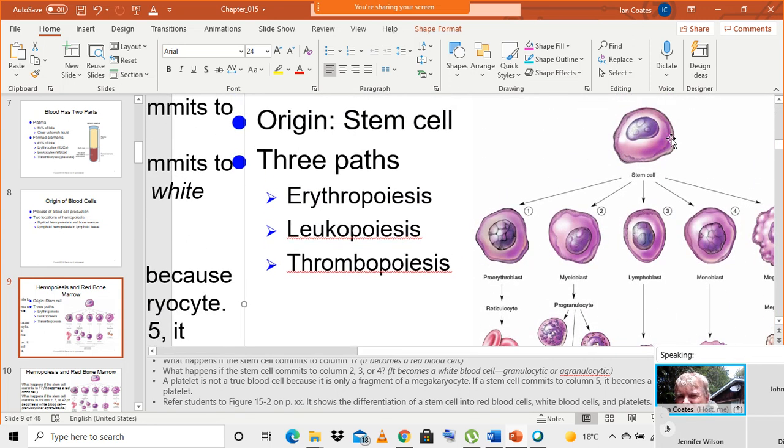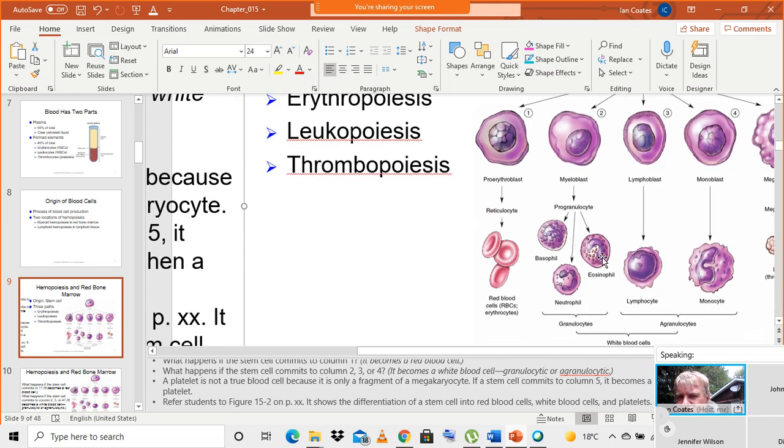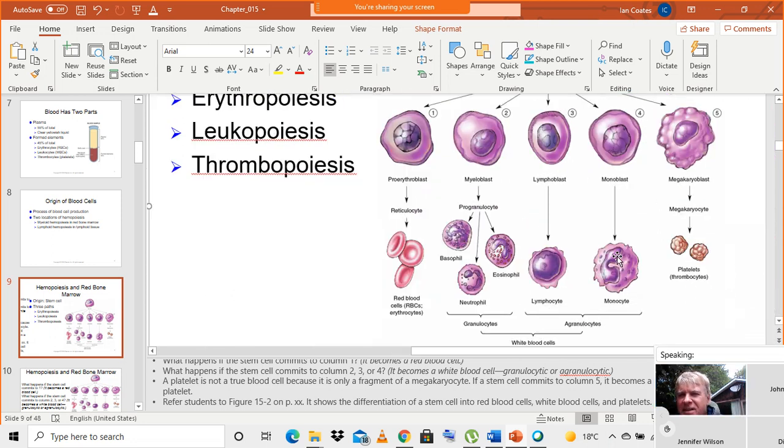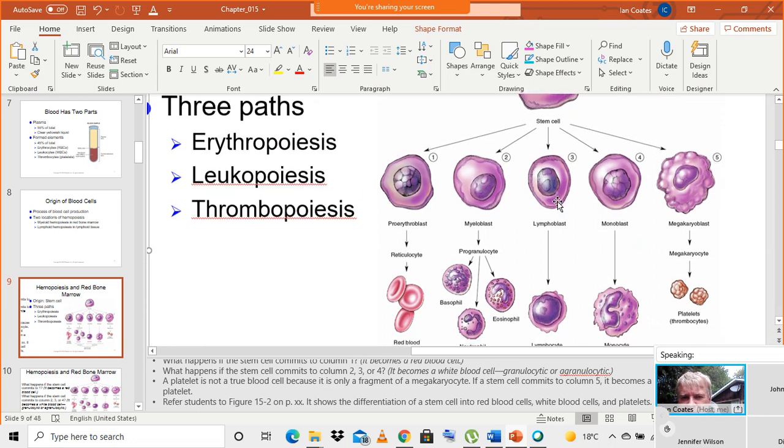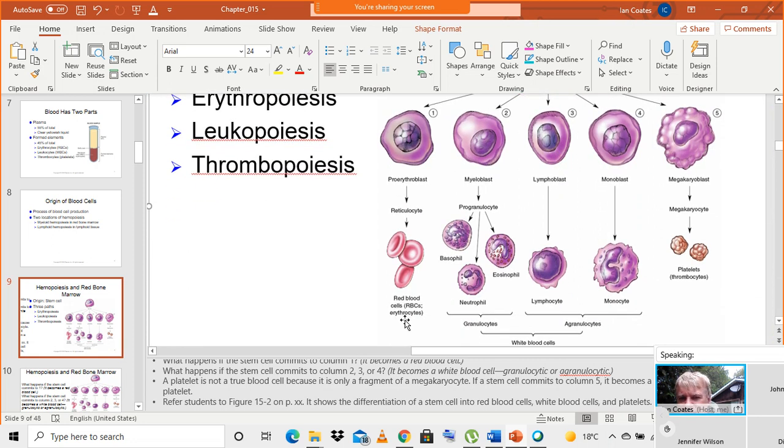So stem cells, they start off all the same, and this is where the science tends to be going. We can start off with stem cells and create all these different kinds of cells. From the same stem cell, we can make RBCs. Have a look at your white blood cells.